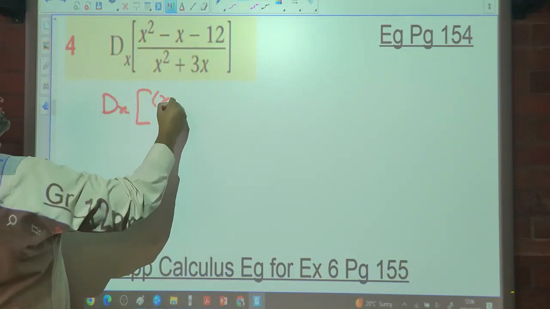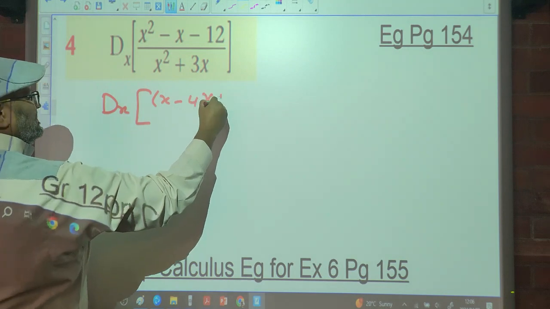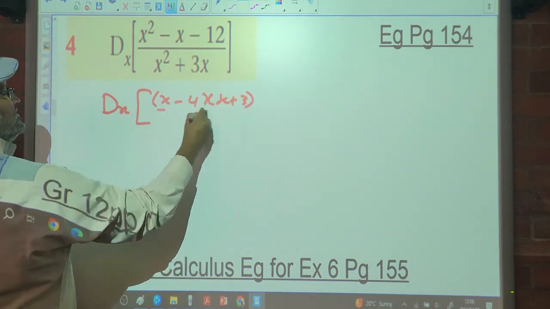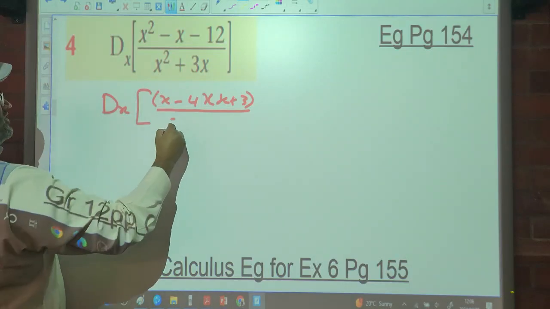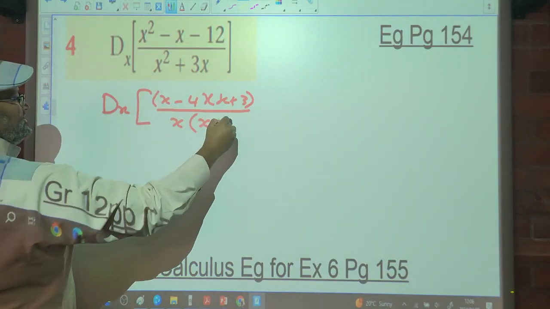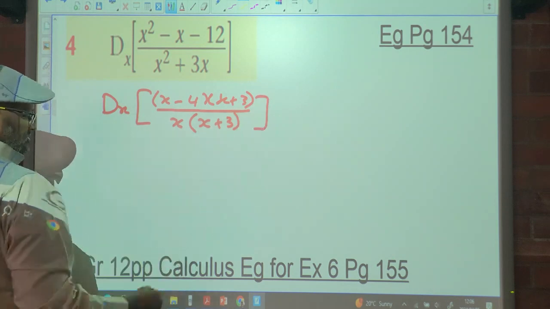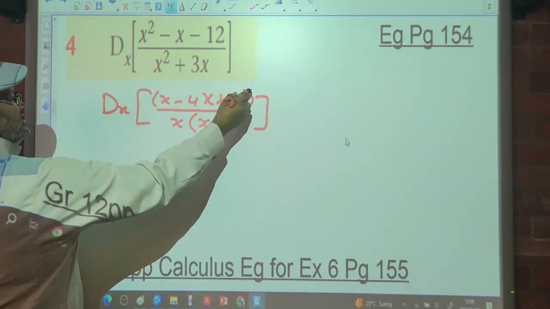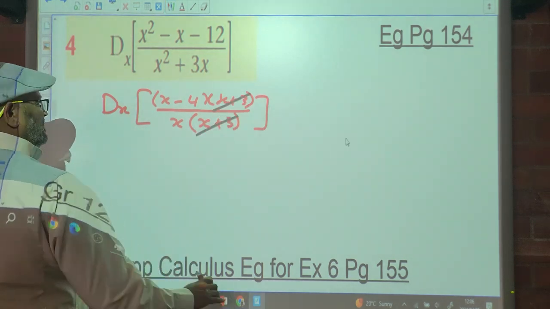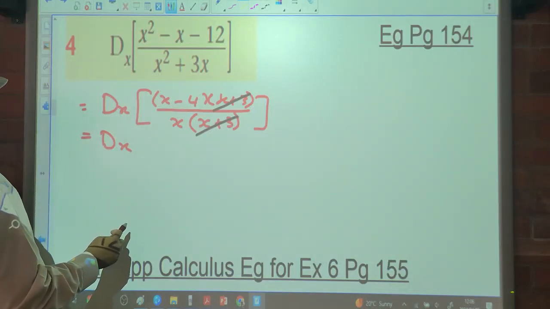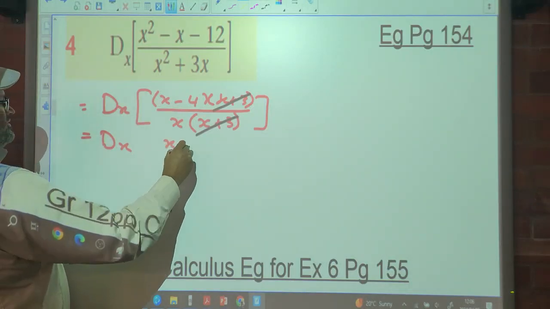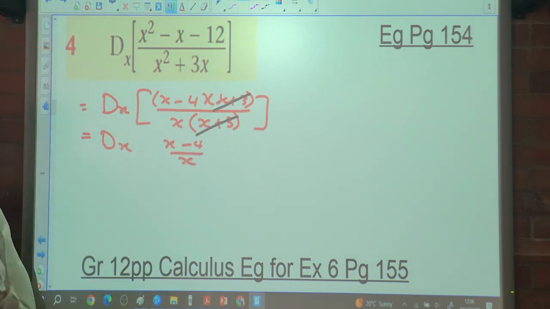Trinomial, so it's going to be x minus 4, x plus 3 over, what can happen in the denominator? Common factor of x, so I'm left with x plus 3. So what happens now? X plus 3 cancel. So what am I left with? d of x is equal to x minus 4 over x. Okay.